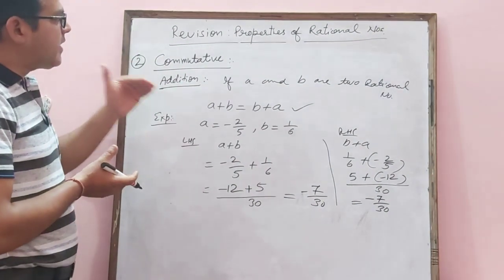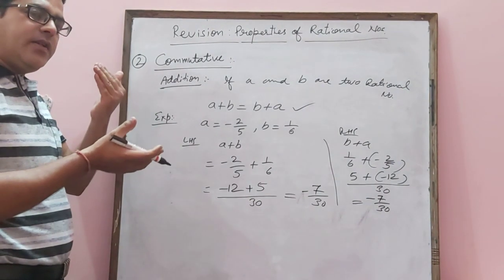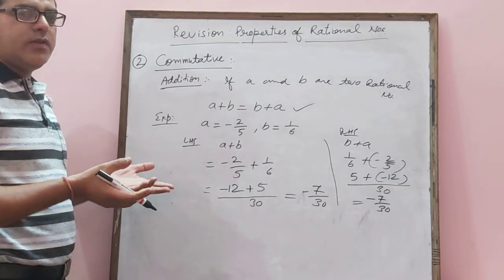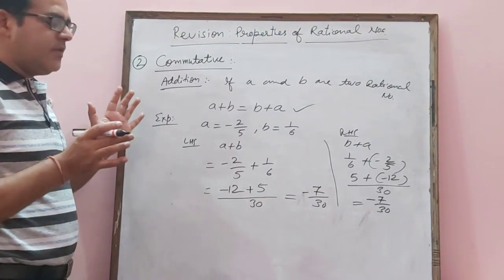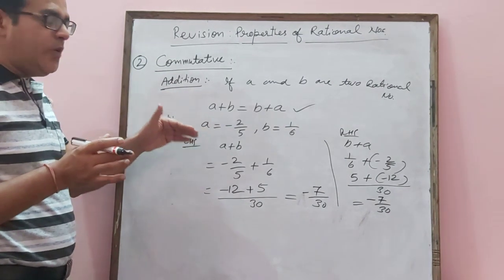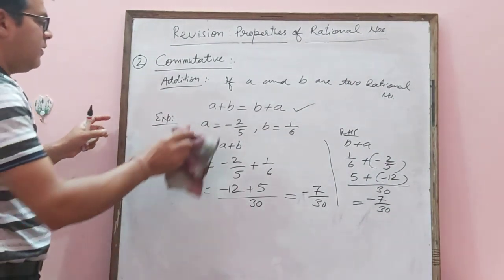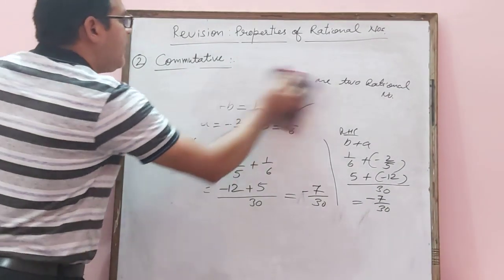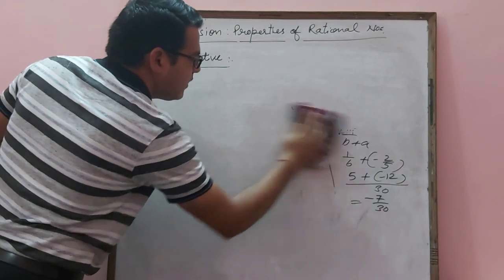Addition of rational numbers is commutative. We can add two numbers in any order. Any numbers you can take as the values of A and B. You can try it for any rational numbers. Every time you will get the same result.